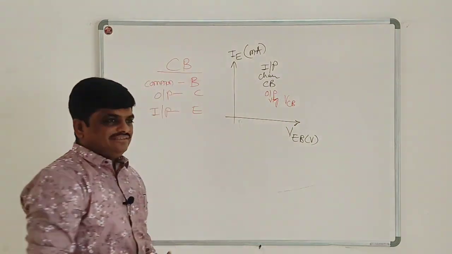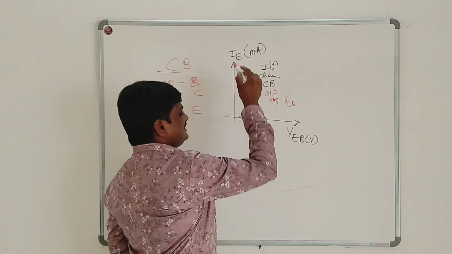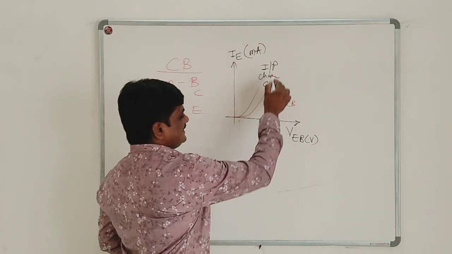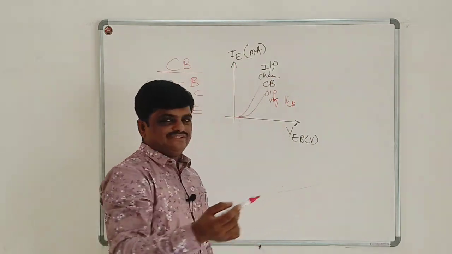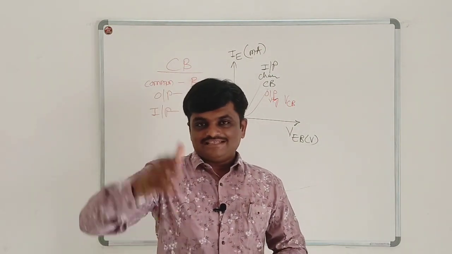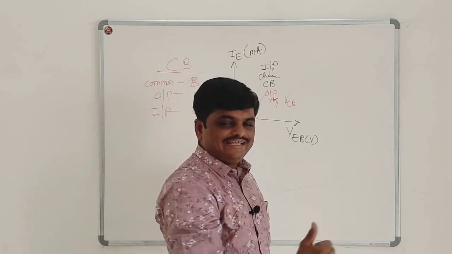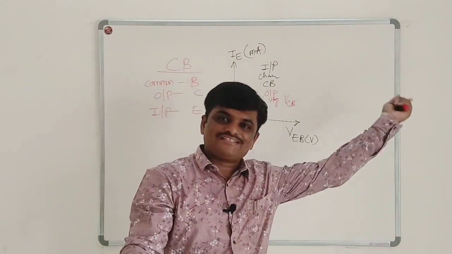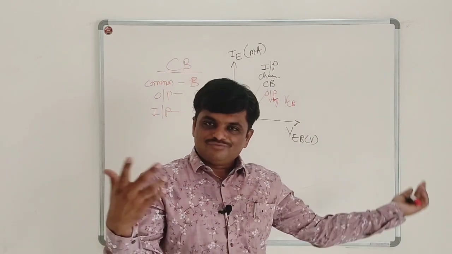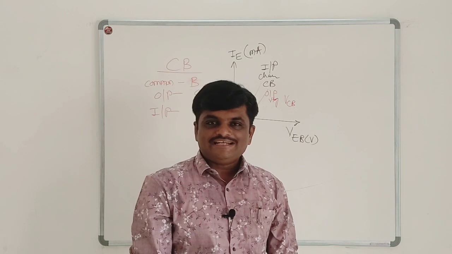That is why you'll get the different characteristics. I'm drawing here roughly the first characteristics for the first value of VCB, second characteristics for the second value of VCB, likewise, right? So what is input characteristics? Input characteristics is the graph of input current on y-axis versus input voltage on x-axis at constant output voltage. So for each value of constant output voltage, you will get a different input characteristic.